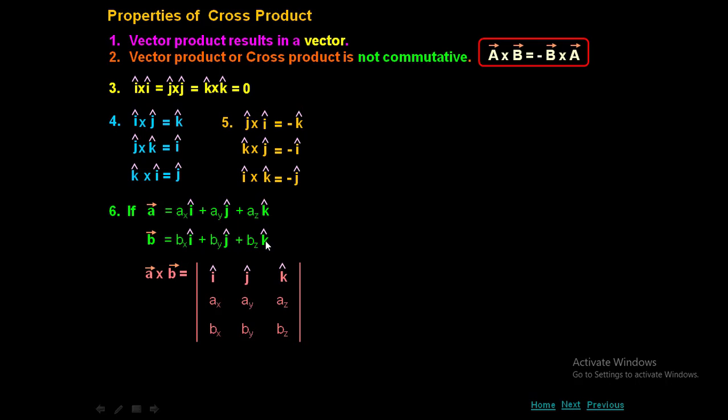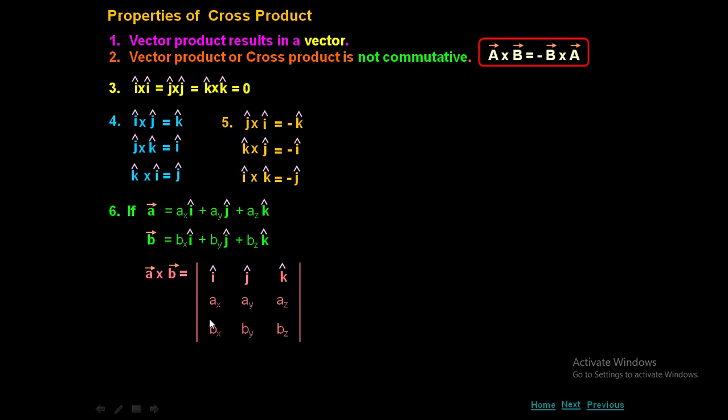Whenever you have two vectors and you want to cross both the vectors, write i, j, k first. Now if you are doing a bar cross b bar, the first vector is a bar, so write the components of a bar below the unit vectors. Here the i component is ax, the j component is ay, and the k component is az. Similarly, for the second vector, the i component is bx, the j component is by, and the k component is bz.